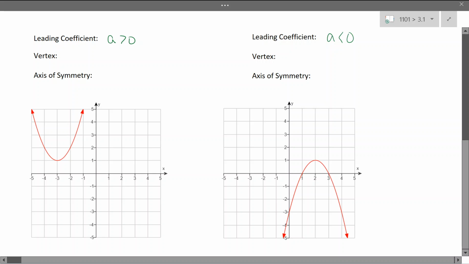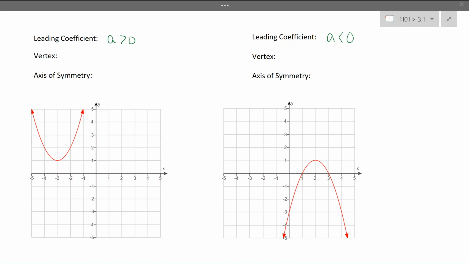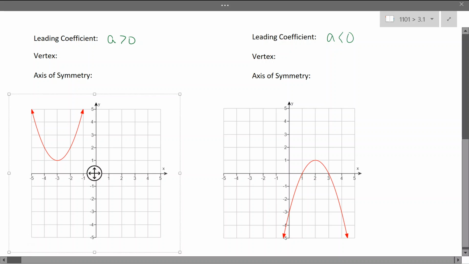Next, let's talk a little bit about vertex. The vertex is the point where our graph changes directions for a quadratic. So we can see on our first example, our graph is going down until we reach x equals -3, y equals 1.